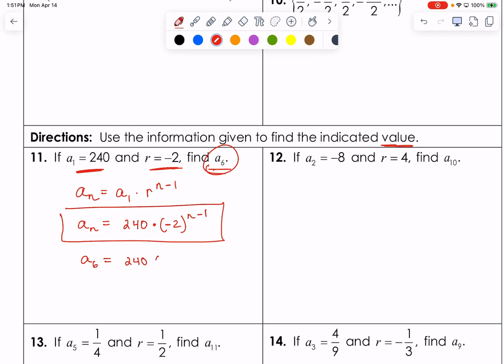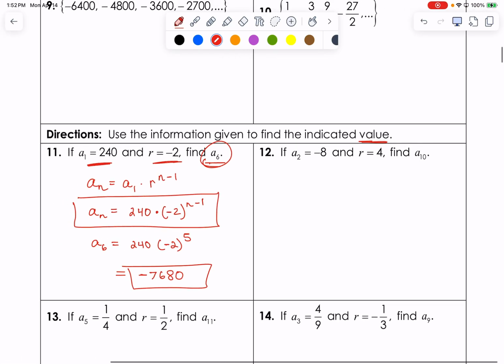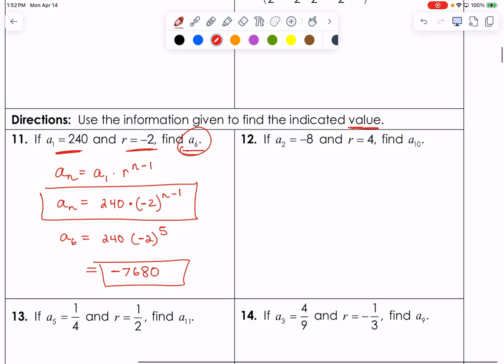What'd you get? I got negative 7,680. Yes. Oh my god, I'm freaking dumb. I put the a sub 1 in the wrong spot.